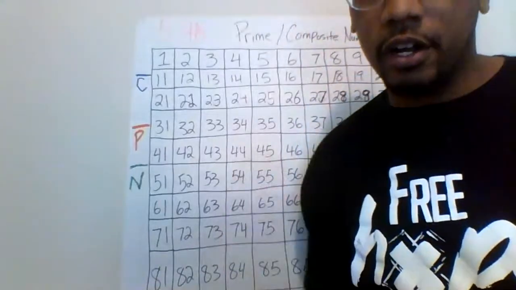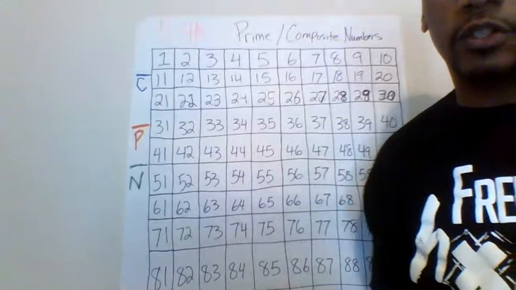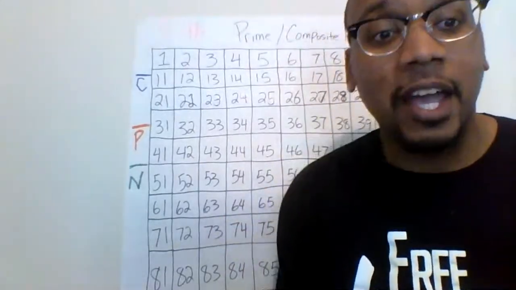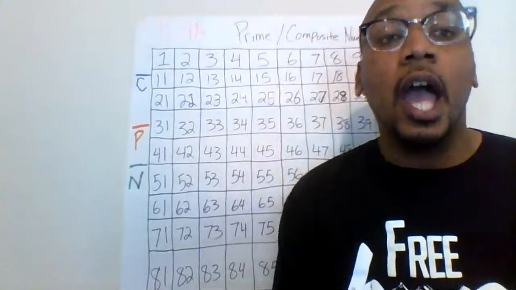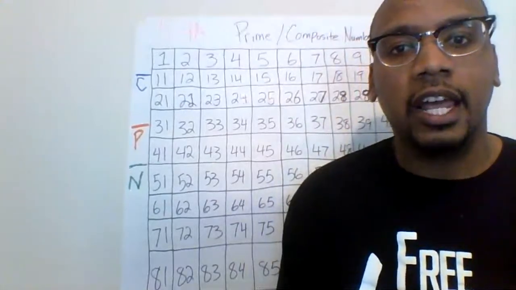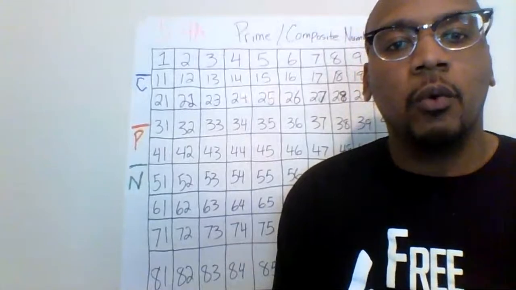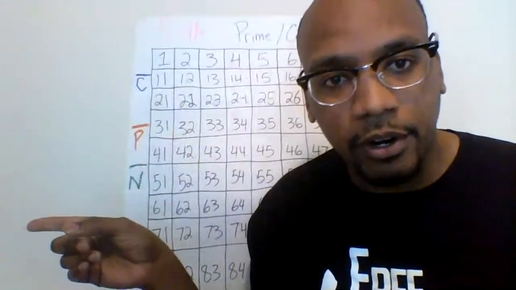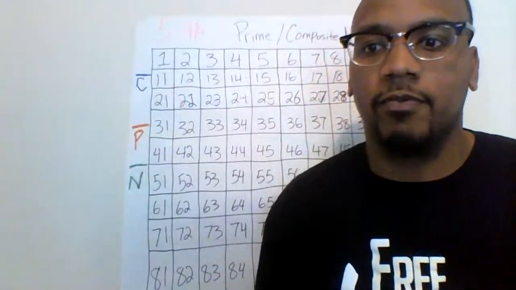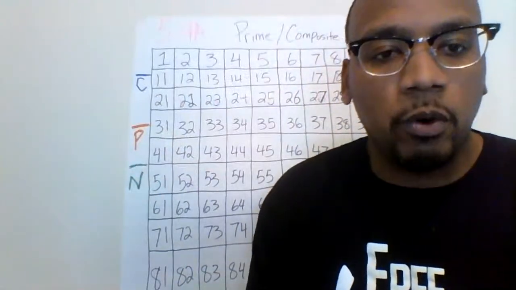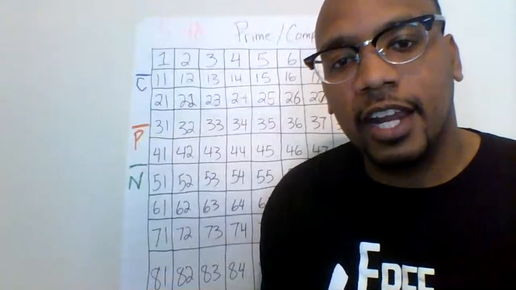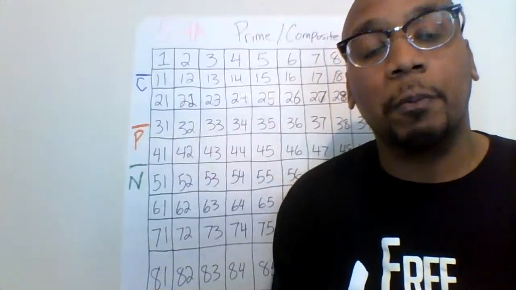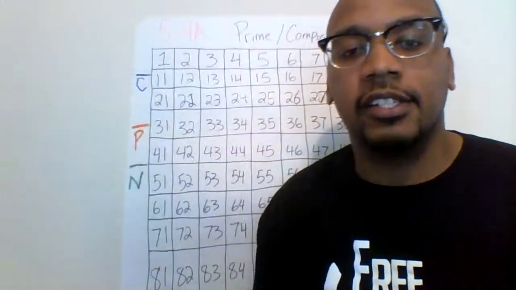So let's get started. First things first, you need to know the difference between prime and composite. A prime number is a number where you can only multiply 1 times that number to equal that answer. For example, the number 7 is prime because you can only multiply 1 times 7 to get to 7.